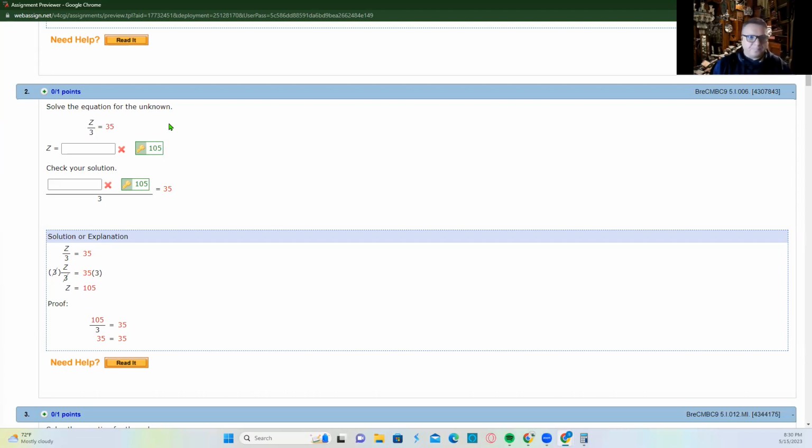Now we need to remember that we said we need to do the opposite, right? The opposite of division is multiplication. So if they're dividing by 3, we need to multiply times 3. Because 3 divided by 3 becomes 1, and so you just end up with 1z.